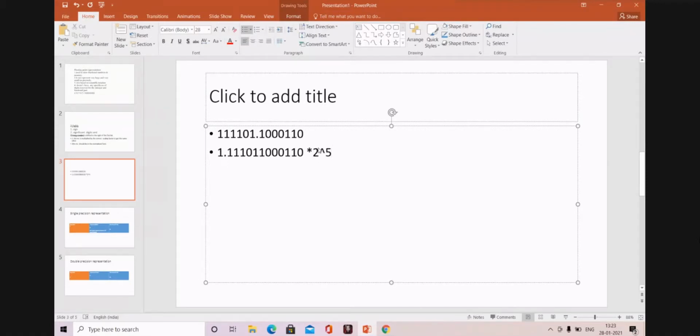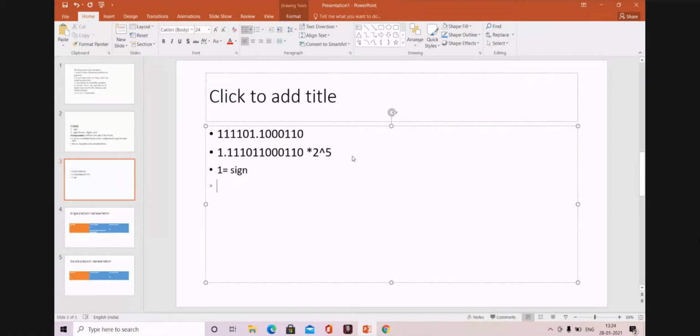Now look here. The number before the decimal, that is your 1, is actually your sign. All right, 1 is your sign. The remaining bits.